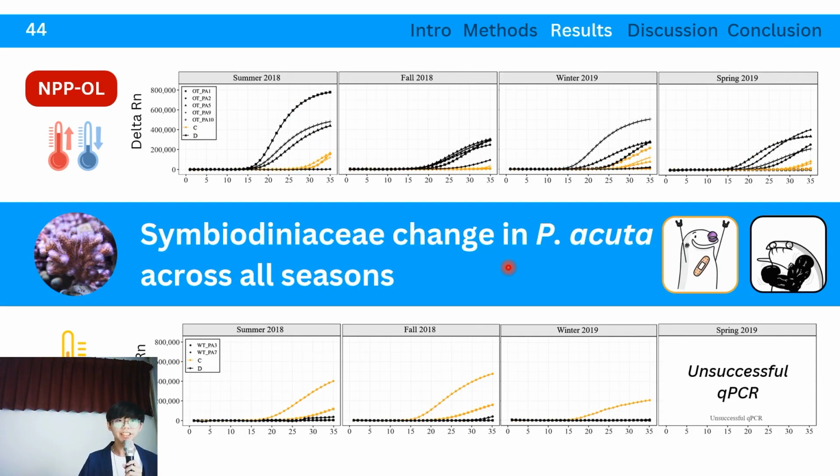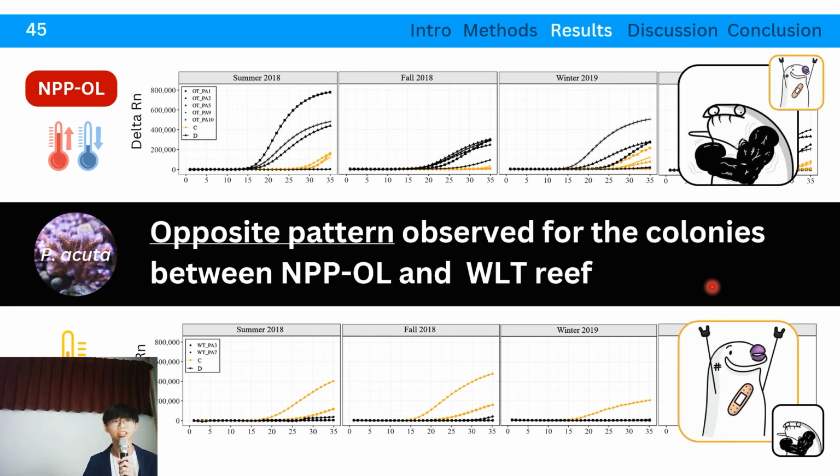And for the Symbiodiniaceae change in Pocillopora acuta, there are also 2 lines. Take a look, and you'll see the colors seem different, right? The black is up here, and the yellow is up here. So we find the opposite pattern observed for the colonies between the outlet reef and Wanli reef in Pocillopora acuta.